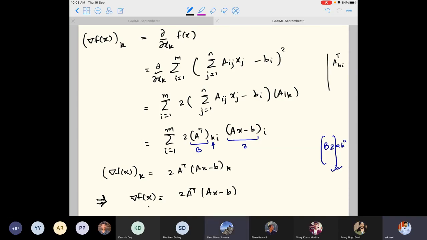In the line 2A transpose multiplied by Ax minus b subscript K, instead of that, 2A transpose subscript K multiplied by Ax minus b. No, this is actually the entire matrix, and I'm looking at the kth row of that matrix. That is what I'm doing. Yes, sir. I got it.